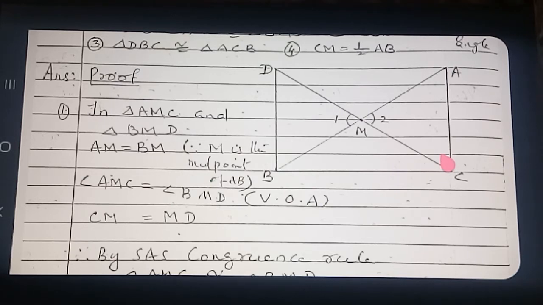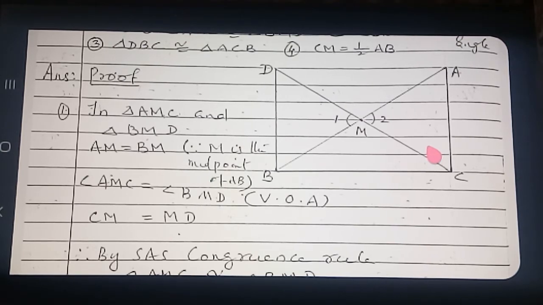If alternate angles are equal, you have studied that if one pair of alternate angles is equal, then the two lines are parallel, in the previous theorems. If corresponding angles are equal, then the lines are parallel. If alternate angles are equal, then the lines are parallel. If interior angles on the same side of the transversal are supplementary, then the lines are parallel.